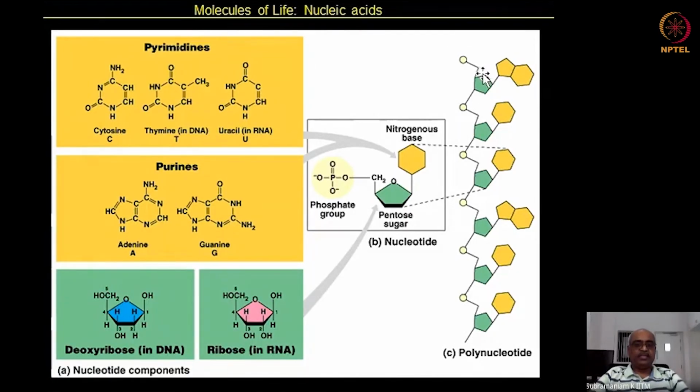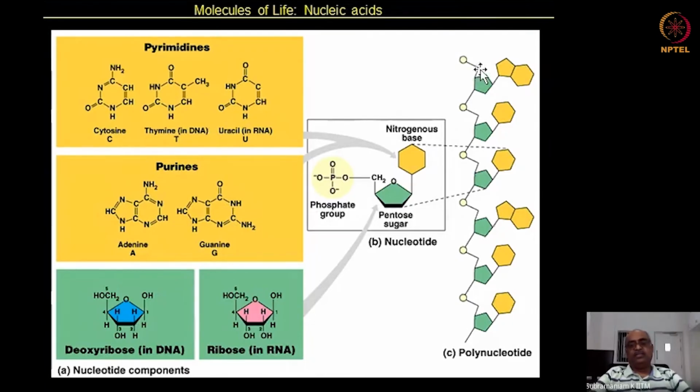On the other hand, at the other end of this chain, this corner here is the 5' carbon. So 5' has an ester linkage, this one has 3'. So it goes 5', 3', 5', 3', like that. At the very end, the ribose at its 5' carbon has only one phosphate attached, and it is not linked any further, or it may not even have a phosphate in some situations.